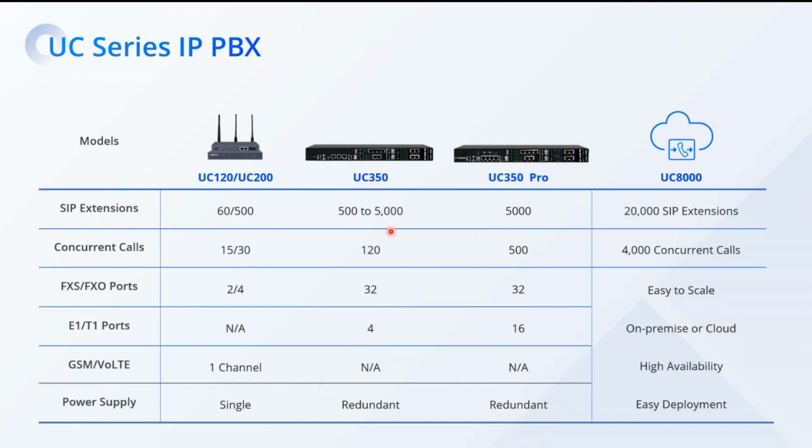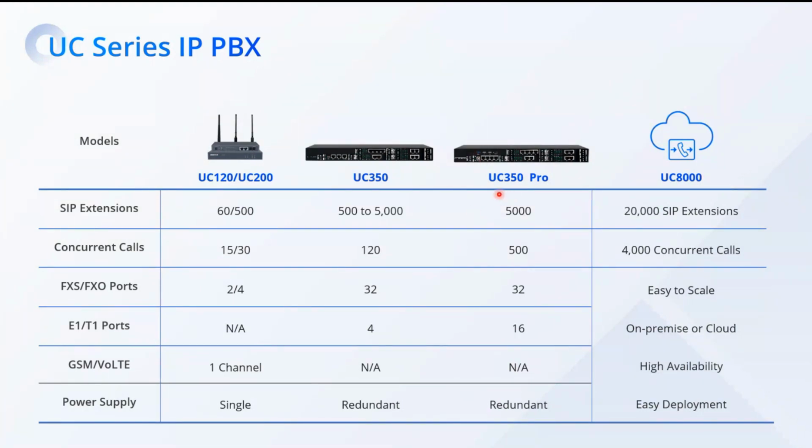I think our distributors or integration partners may have used our UC 350 already. So it has the extensions, the calls, and the concurrent call support, and so on. More detail here. And today we will focus on the PR version.